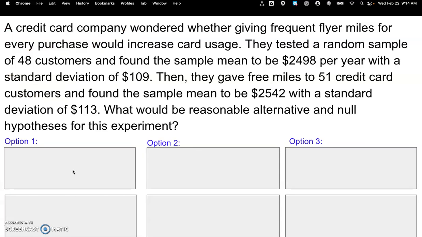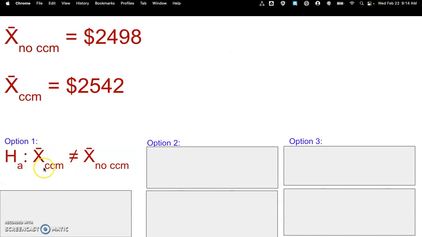Okay, so the first thing that we could say is that these means are not the same, right? And that should be pretty obvious, right? That could be our alternative hypothesis, is we could hypothesize that 2,542 is different from 2,498. If we want to think about it through this new lens, though, what we could say for our alternative hypothesis is that this difference could not be explained by random chance.